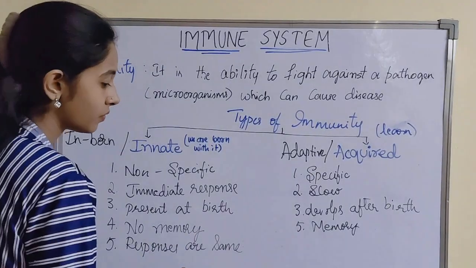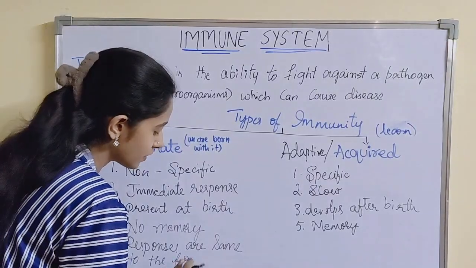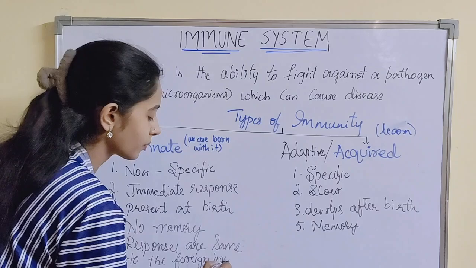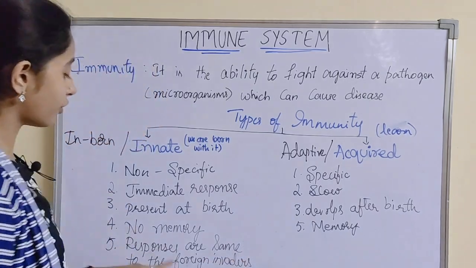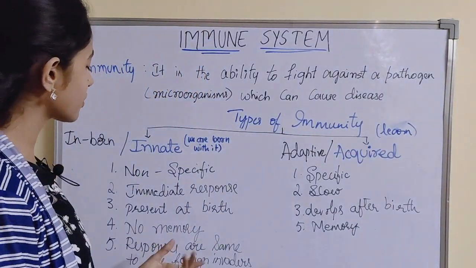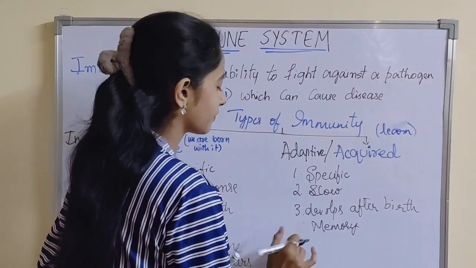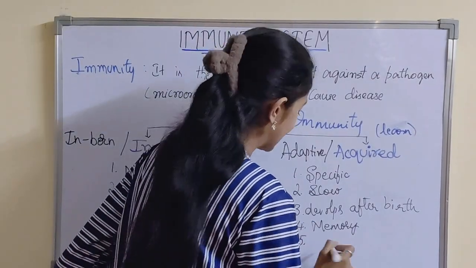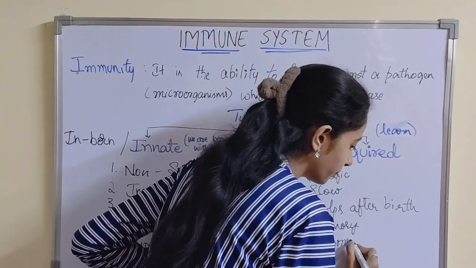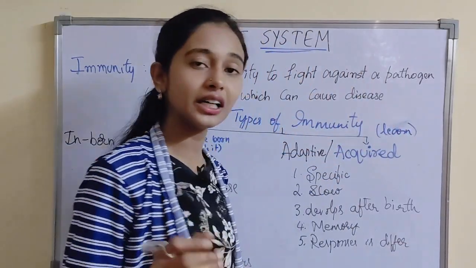Okay, to the foreign invaders the responses will be same. फॉरेन इन्वेडर्स सच एज बैक्टीरिया, वायरस जो भी है, उन सभी के लिए रेस्पॉन्सेस सेम होंगे इन द केस ऑफ innate immunity, while in adaptive immunity the responses are going to differ depending on the invader.